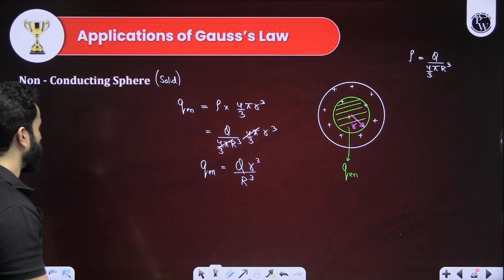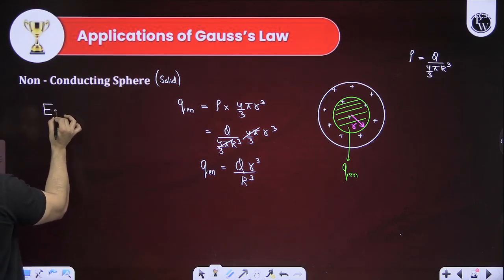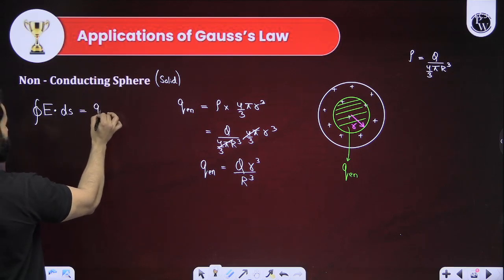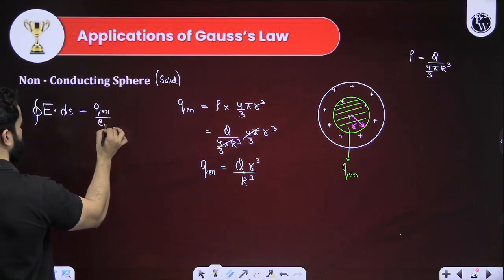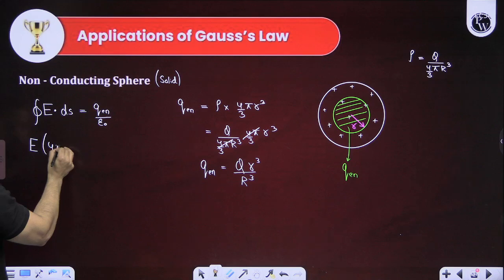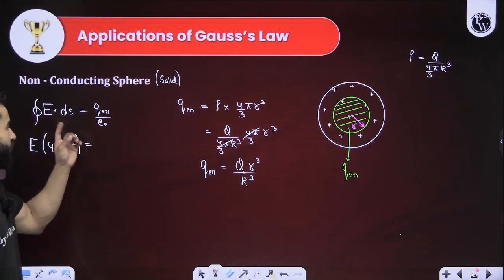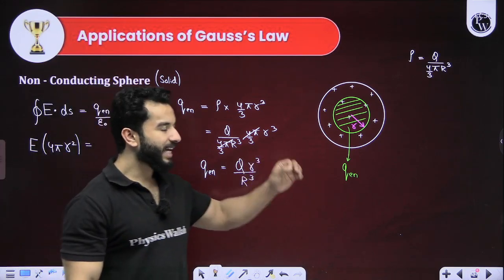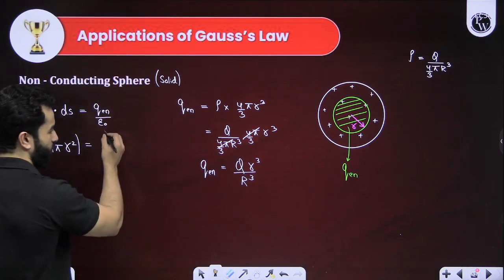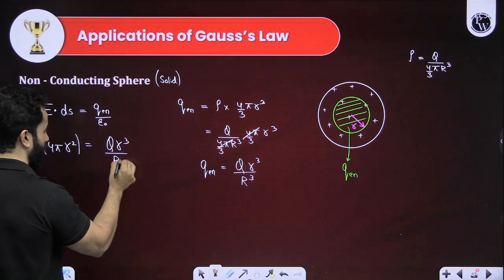Now applying Gauss law, the net flux, that is the surface integral of E dot ds, equals enclosed charge upon epsilon naught. So electric field is E, surface area would be 4 pi small r square, please remember that ds is the area of the Gaussian surface, and for a sphere, area would be 4 pi r square, and enclosed charge is Q into r cube divided by capital R cube.